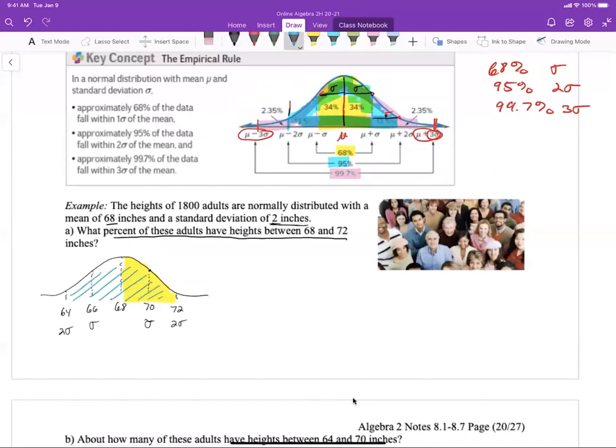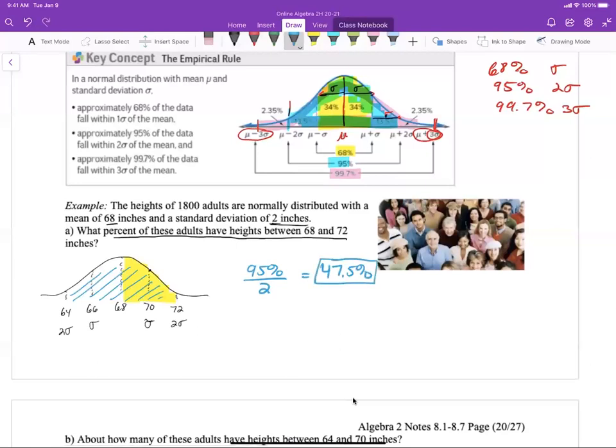That would be equal to 95%. 95% of the people would be with all of what I have in blue, but I only have half of that because I'm going to the right of 68. So I need to divide that by 2, and that will be 47.5%. And that was what they asked.